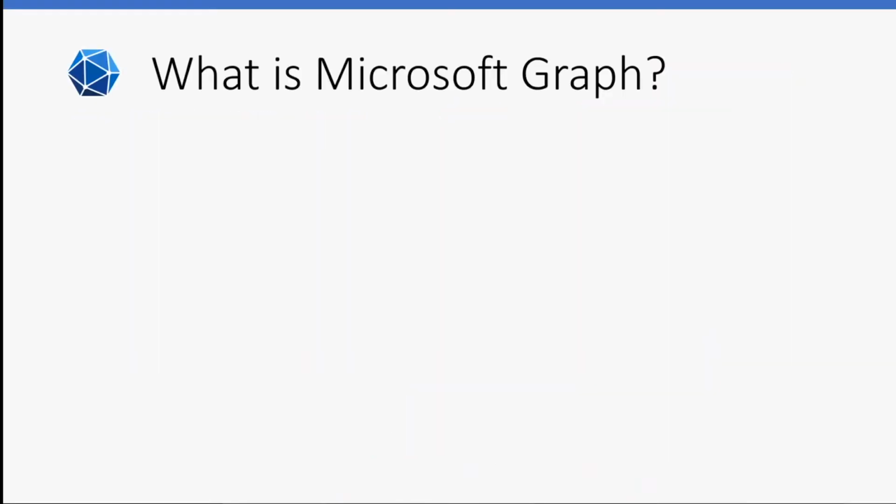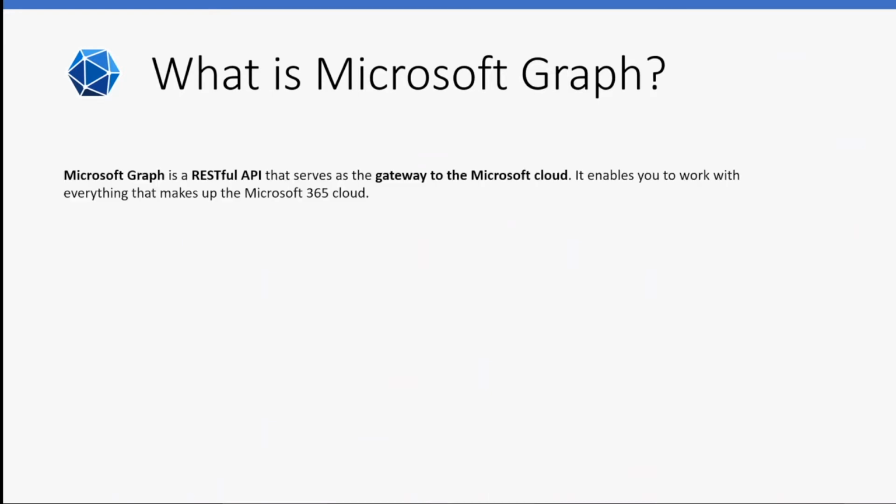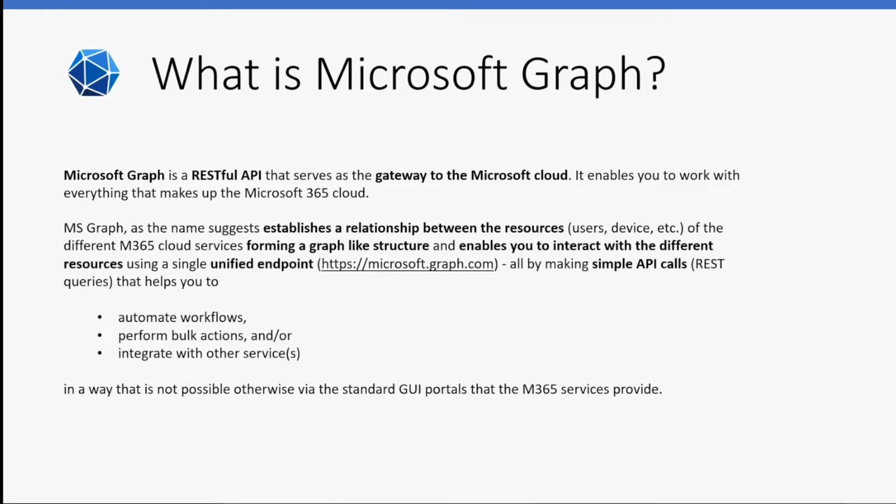So what is Microsoft Graph? It's basically a RESTful API that acts as a gateway to M365. It establishes a relation between the resources. The resources can be users, devices, groups, or anything that makes up the M365 cloud component.